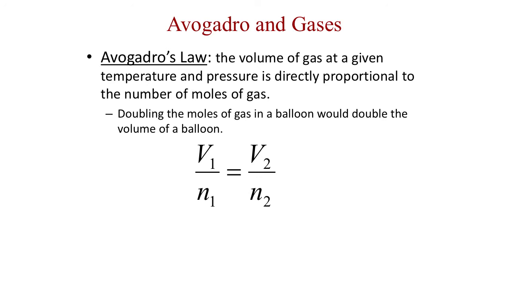Another application of this is that if the same volumes are giving us the same number of moles, they're going to have a directly proportional relationship. So if you double the moles, you would also double the volume. And that makes sense if we think about filling up a balloon.